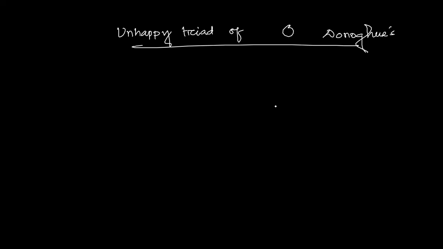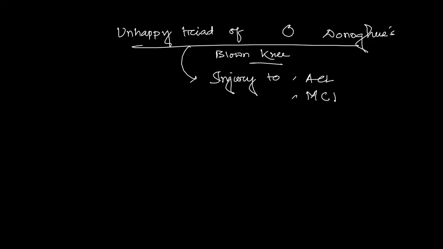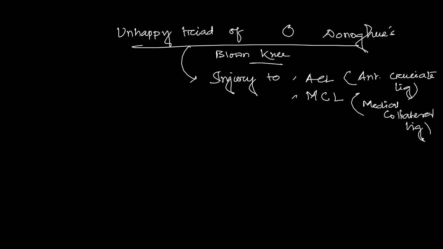It is known as unhappy triad of the knee. So if there is injury to the ACL, anterior cruciate ligament, then medial collateral ligament, MCL, and patient will have injury to the meniscus, any of the meniscus, that may be lateral or medial meniscus.